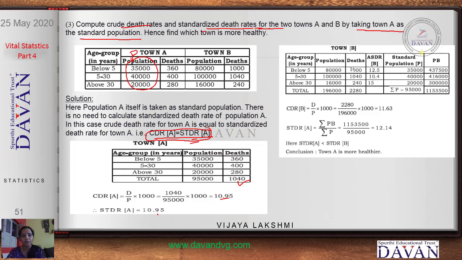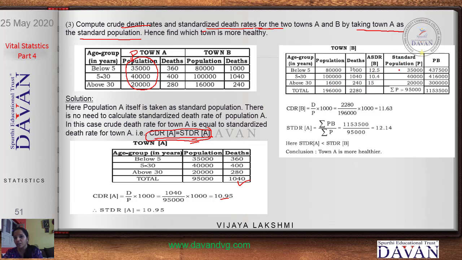This is for town A, and for town B you have to do it just like the previous problems. So take the age group, the population of town B and the deaths of town B, and calculate the ASDR for this. How do you calculate the ASDR? 1000 divided by 80,000 into 1000, 1040 divided by 1 lakh into 1000, 240 divided by 16,000 into 1000, and you get the respective values.